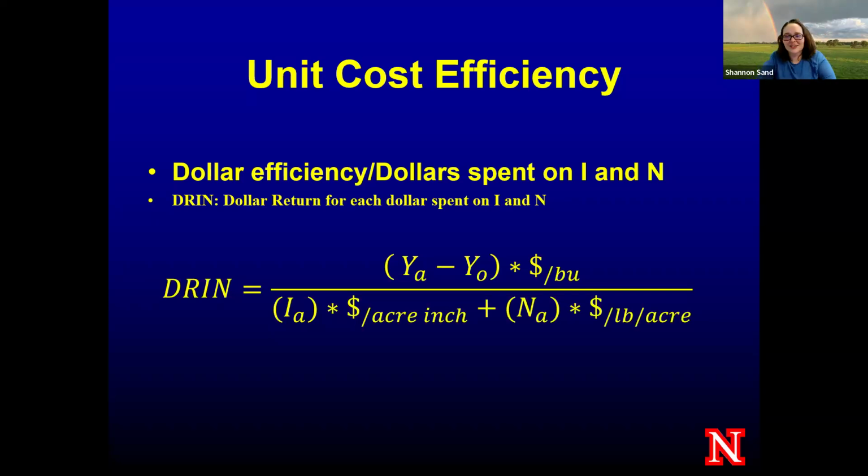So basically it's looking at dollar efficiency in terms of the dollar spent on irrigation and nitrogen. Again, similar to the last equation, the variables are all pretty much the same. So it's the yield from the added irrigation and the added nitrogen minus that zero plot, which was the one that just had the natural rainfall and whatever naturally occurring nitrogen is in there, times the dollar per bushel they received.